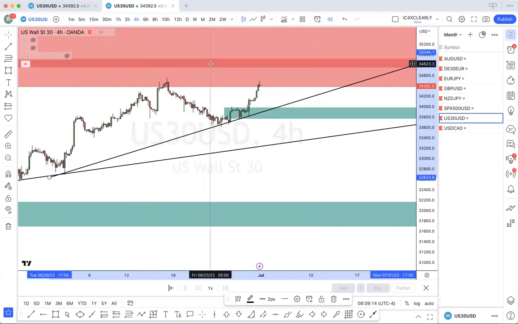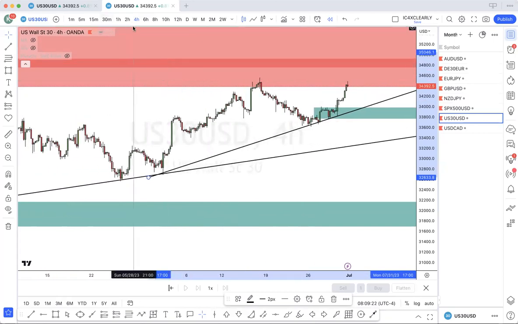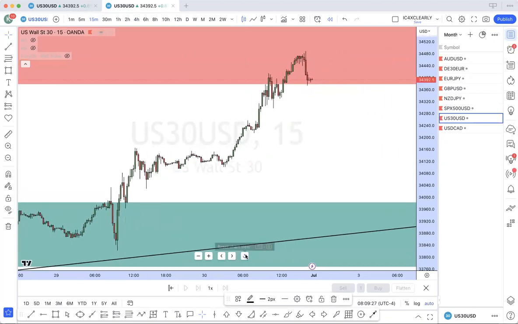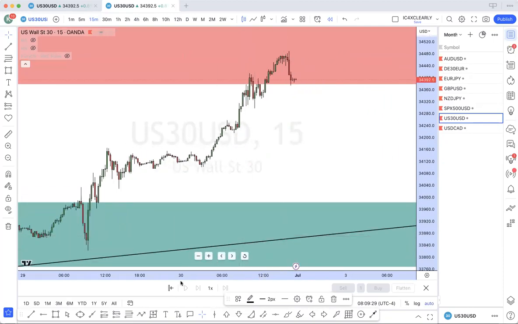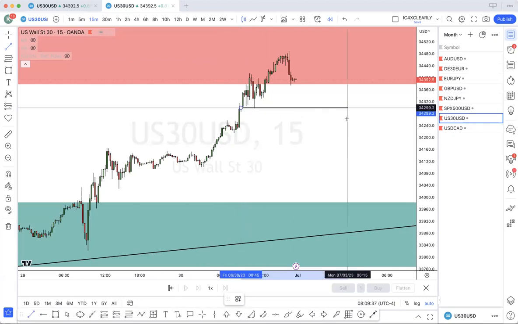To the 4-hour, currently in a bearish order block. Hasn't broken structure to the downside yet. Let's see. 15. So on the 15-minute, you have possible these lows here.